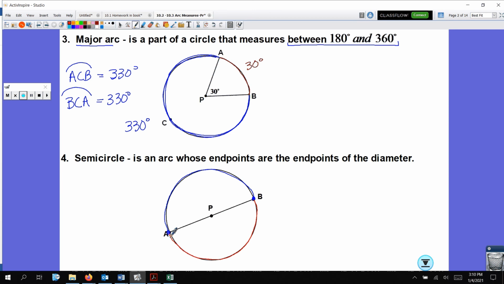And remember, a semicircle is 180, but we're still going to use three letters. So I'm going to make some point here, E. Okay, so my semicircle AEB is equal to 180 degrees. Again, we use three letters. We're never going to use the center of the circle, never, ever, ever, to name an arc.